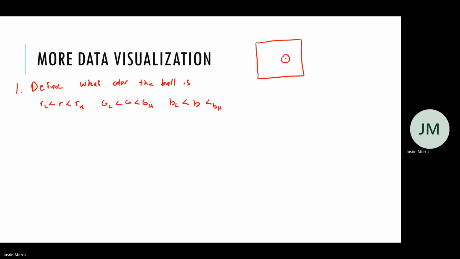Right, so like my red value is between here, green is also between this, and blue is between this. If that is the case, then I have a color that is most likely the tennis ball. So now that I know what color to look for, what am I going to do with this information?